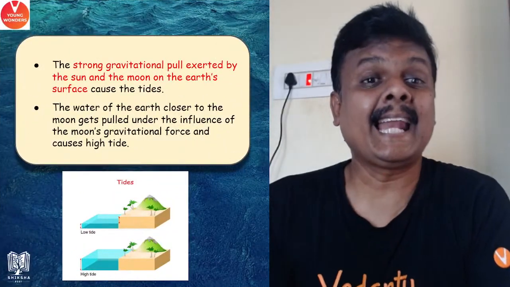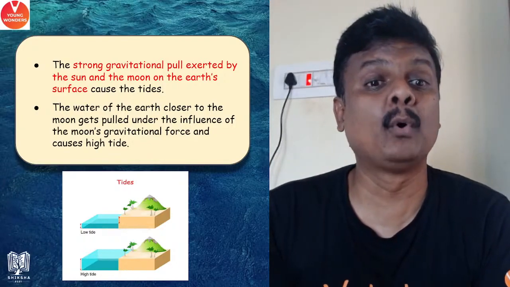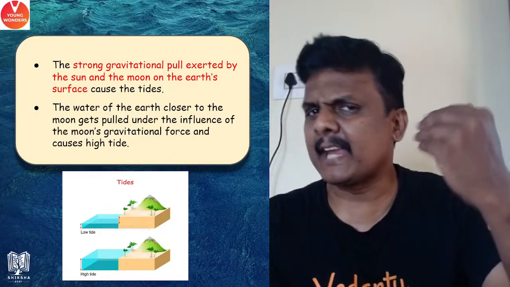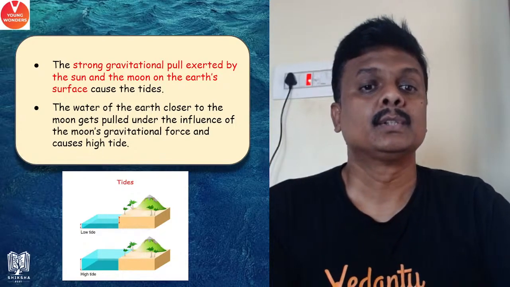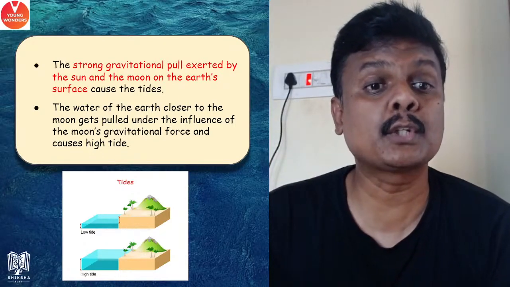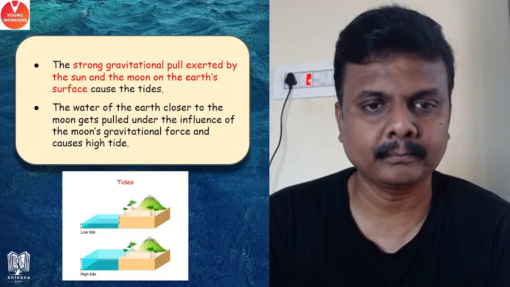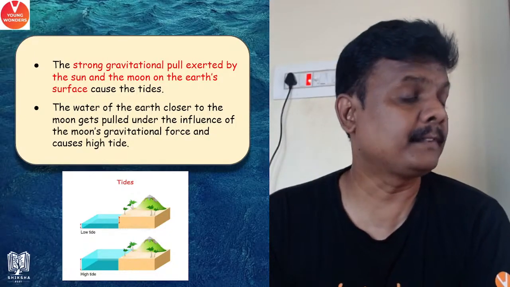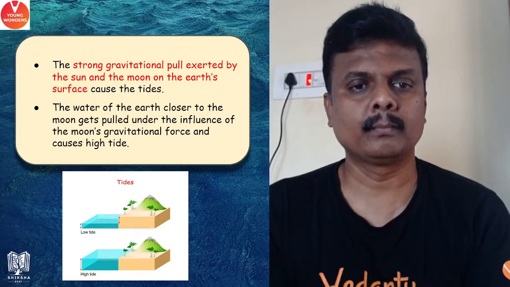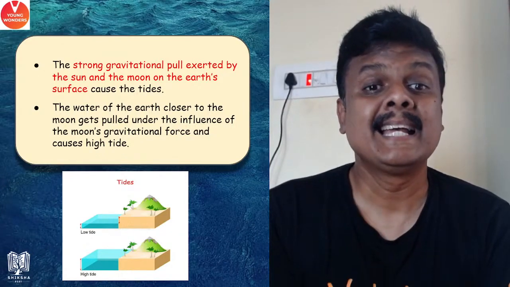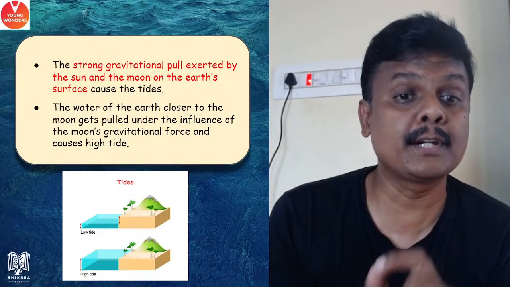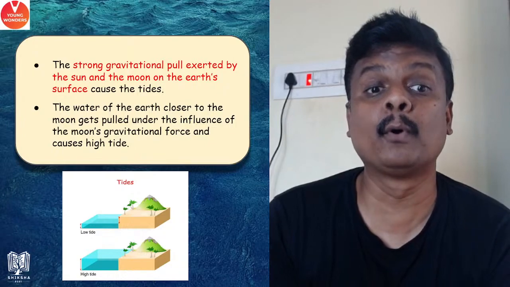So, the gravitational pull exerted by sun and moon causes the tides. I explained it already to you. The water of the earth closer to the moon. Guys, remember this. The water of the earth closer to the moon gets pulled under the influence of the moon's gravitational pull.